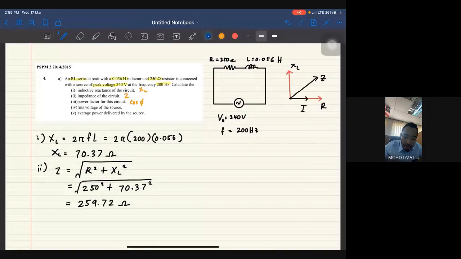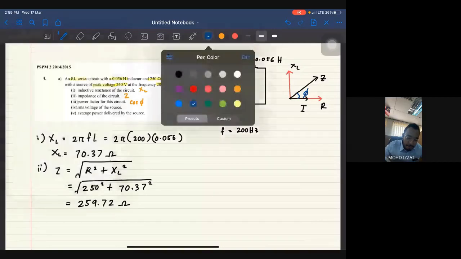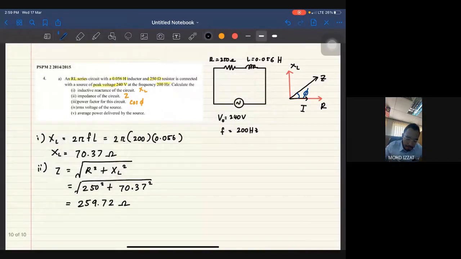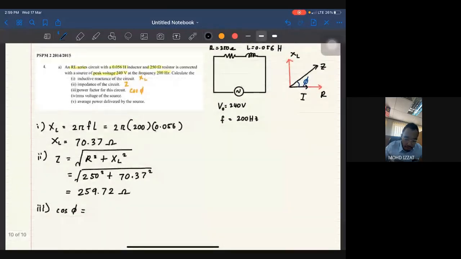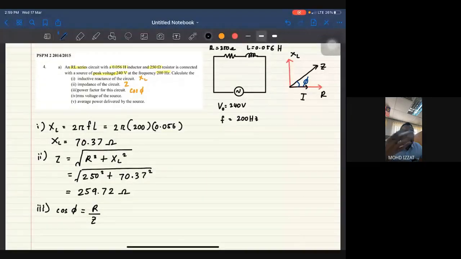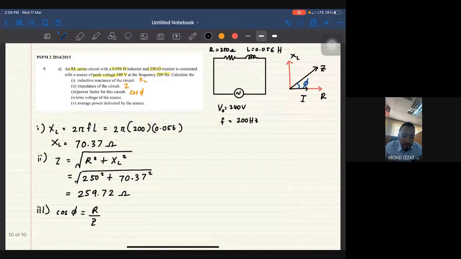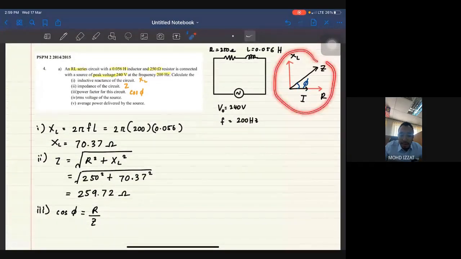So, you know that phi is the angle over here. If I want to find my cos phi, it will be adjacent over hypotenuse, which is R over Z. Yang kamu cakap tadi betul tak, P over P max? Tapi sebab we don't have those values, you can simply refer to your phasor diagram. That's why phasor diagram is very important.